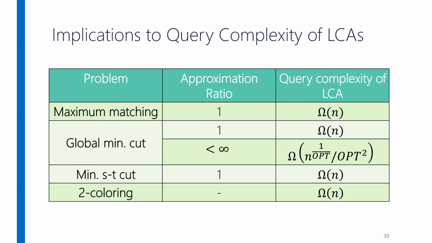Additionally, for global min cut, we show that whatever be the approximation ratio, one cannot have an LCA for a purely multiplicative approximation to global min cut with query complexity better than n to the 1 over opt square, where opt is the value of the min cut.